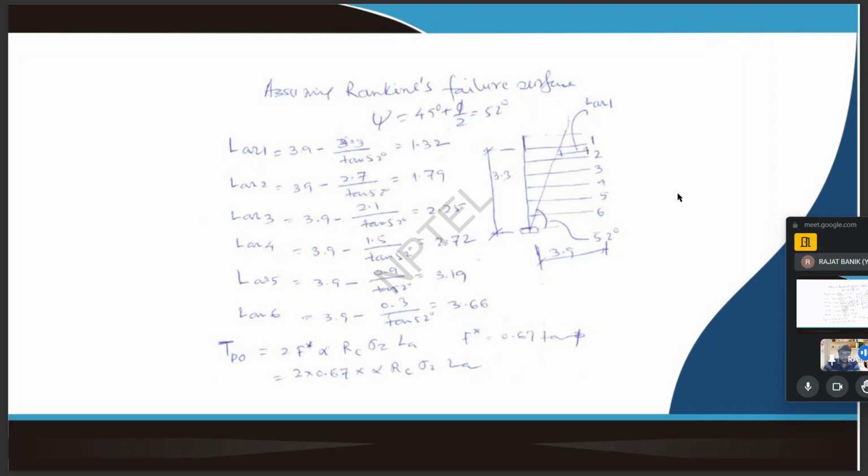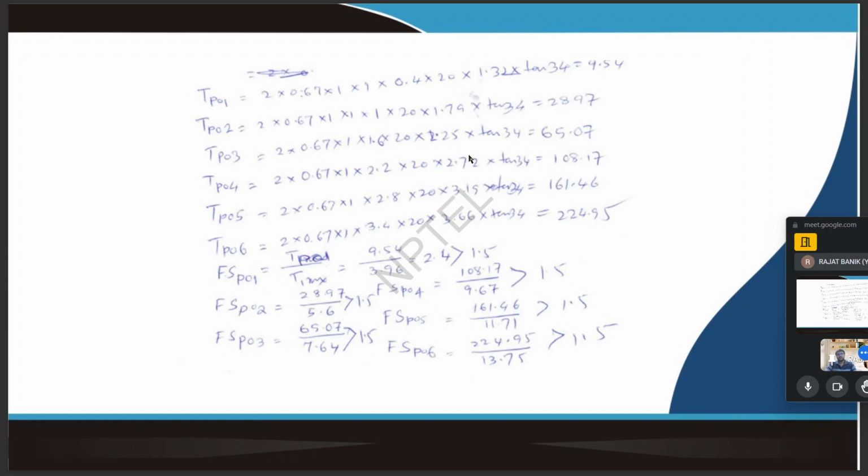After putting all these values, we find out the pull-out strength for each layer, layer 1, layer 2, layer 3. Then we find out the maximum tensile strength for the geosynthetic reinforcement material.